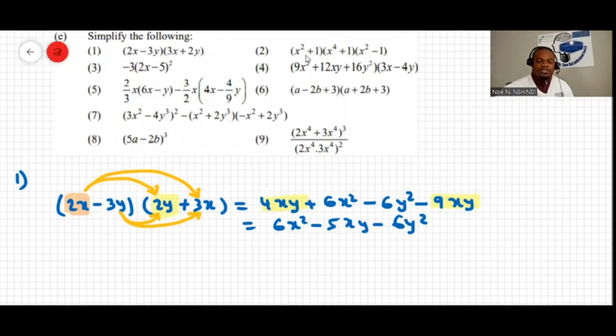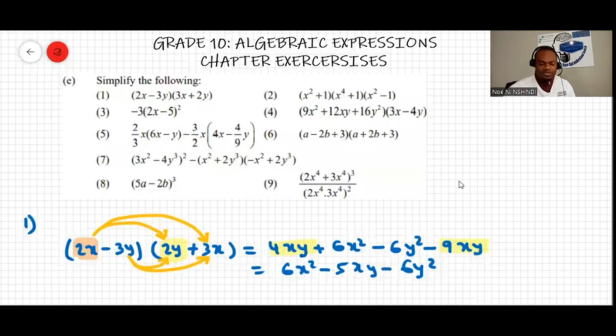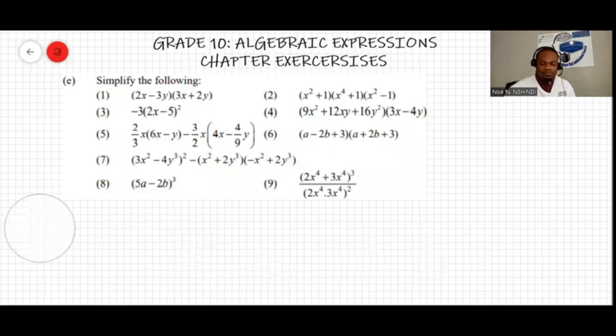Question 2 is x squared plus 1, x to the power of 4 plus 1, and then x squared minus 1. Maybe I should just erase this. Oh, I can just leave it.